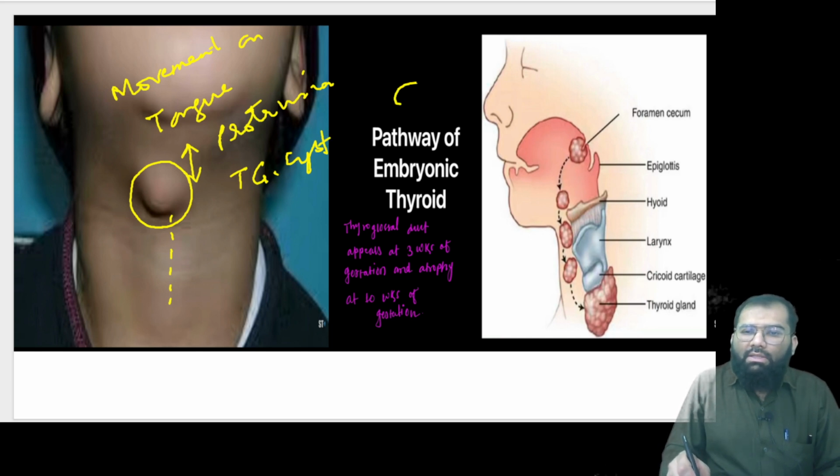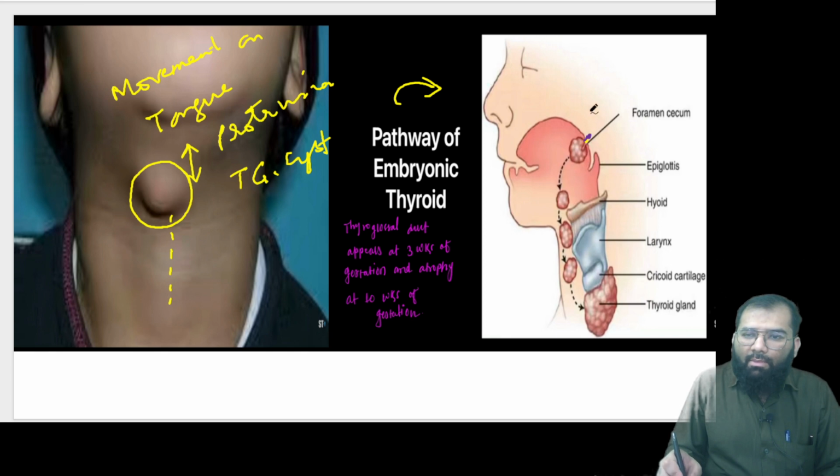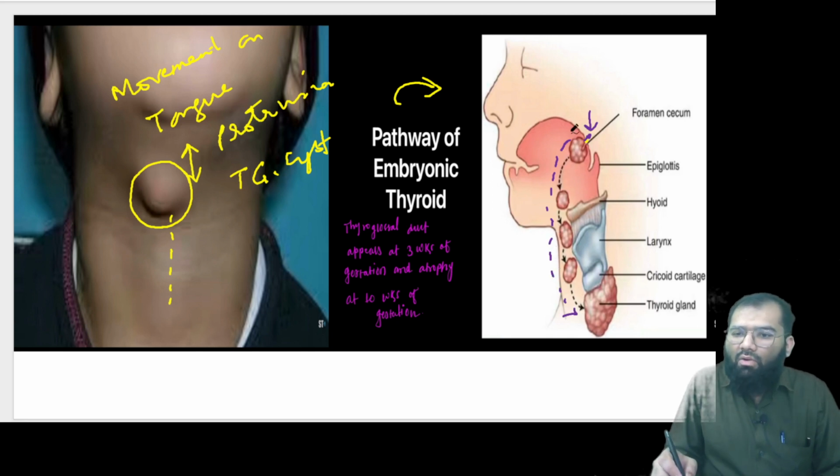Now, in this image, I've shown you the pathway of embryonic thyroid gland. That is, you are able to see this is the region of foramen cecum. This is the region of foramen cecum of the tongue. And then you can see that this is the migratory pathway through which the thyroid gland migrates downward.